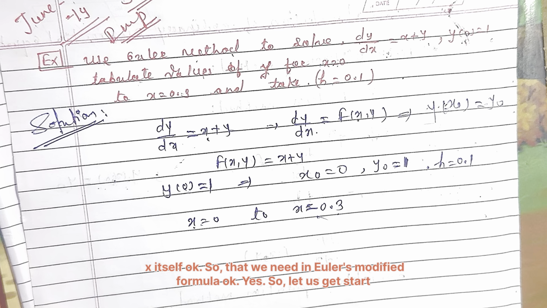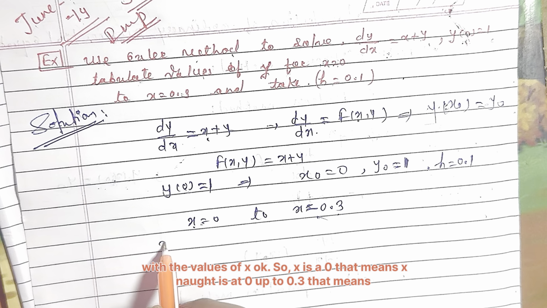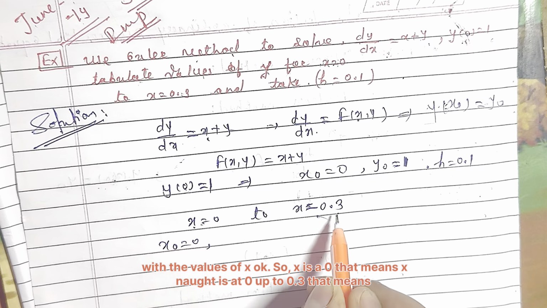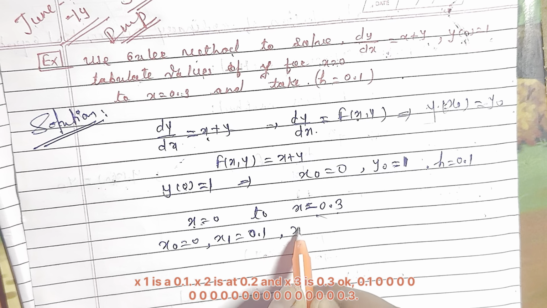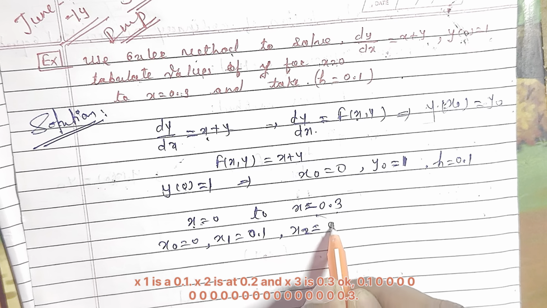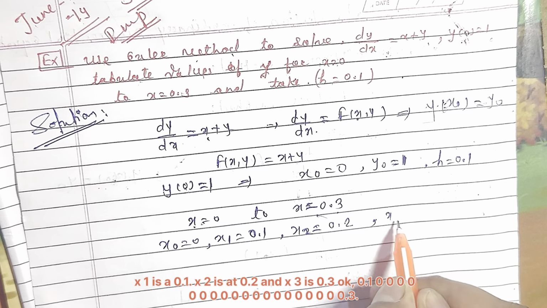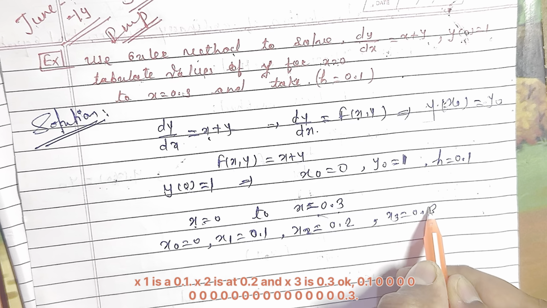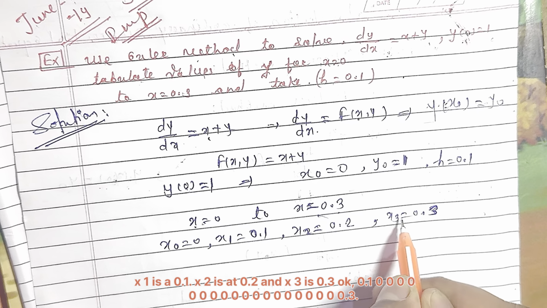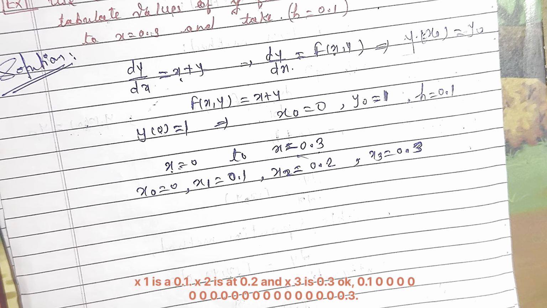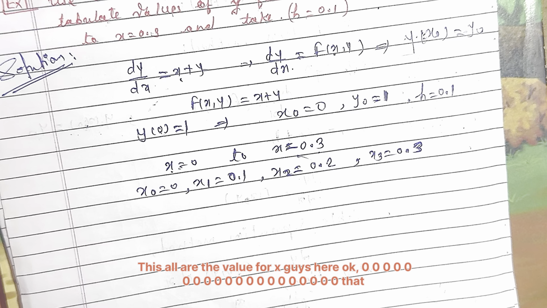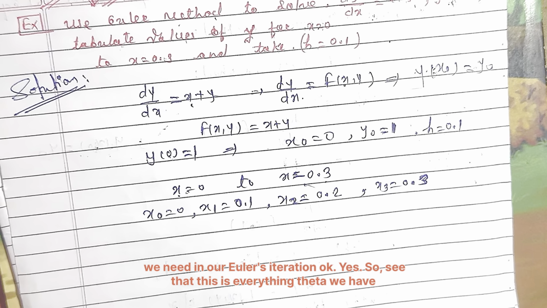Let's start with the values of x. x naught is 0, x1 is 0.1, x2 is 0.2, and x3 is 0.3. These are all the values of x: 0, 0.1, 0.2, 0.3, which we need in our Euler iteration.